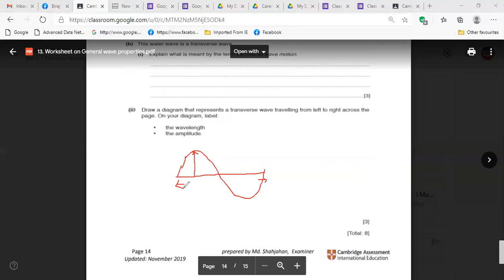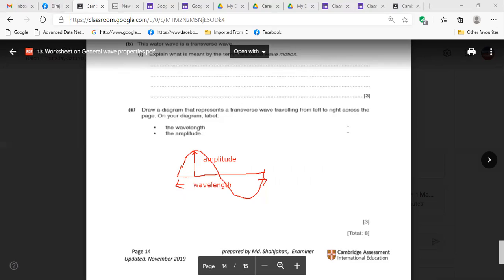Okay, so here we'll write wavelength, label wavelength, and here you label amplitude. Is it clear?